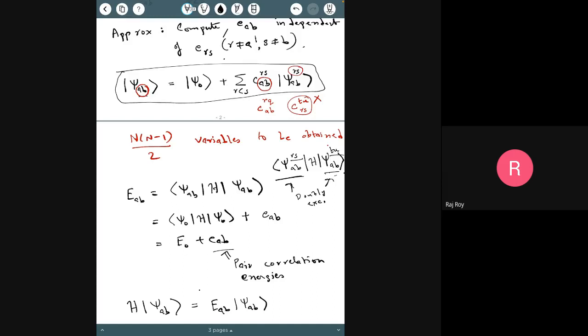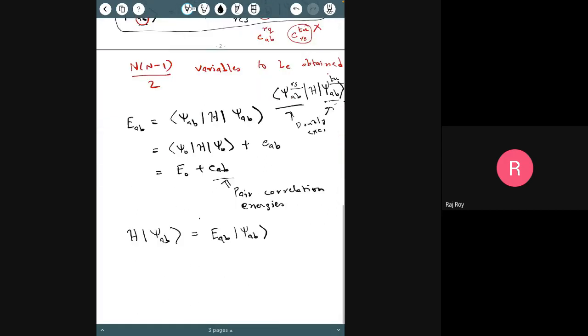The doubly excited determinants do not couple with each other. They only couple with the occupied pairs. So that is the difference. Maybe when we write the matrix equation for the IEPA, it will become clearer. Just hold on for 2 minutes, I'll write the equation in a few minutes.